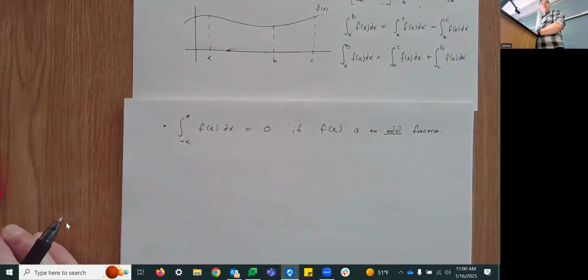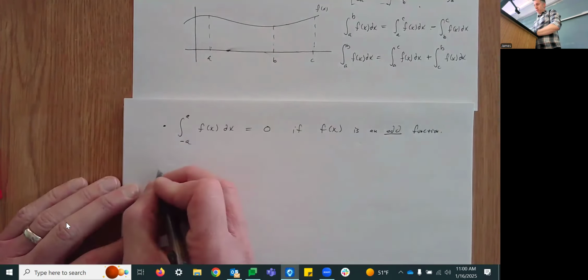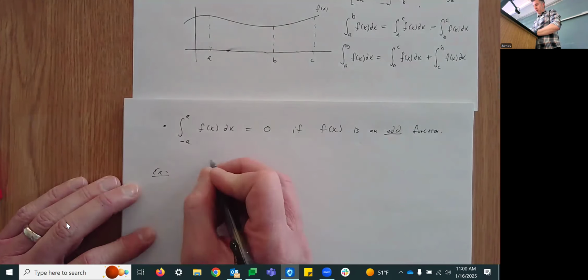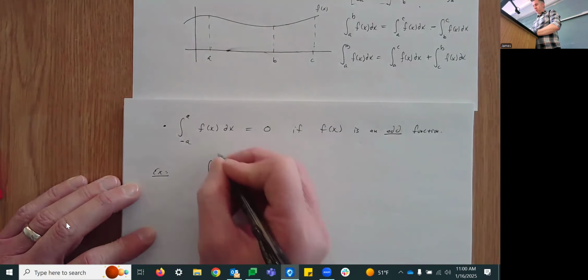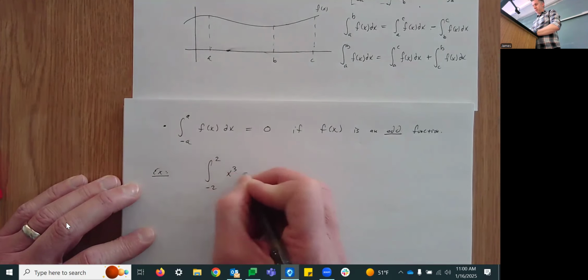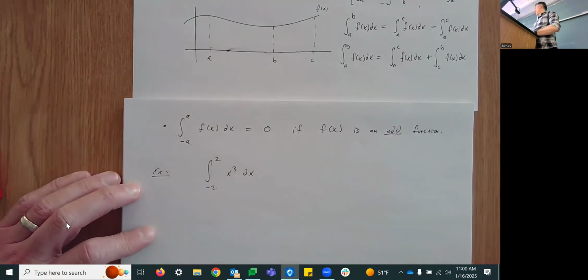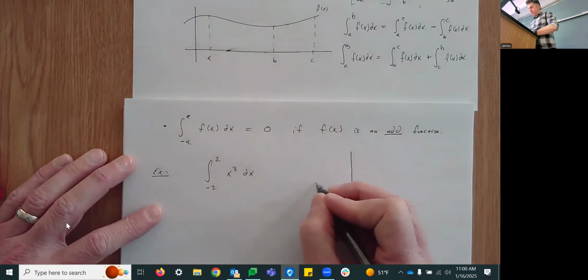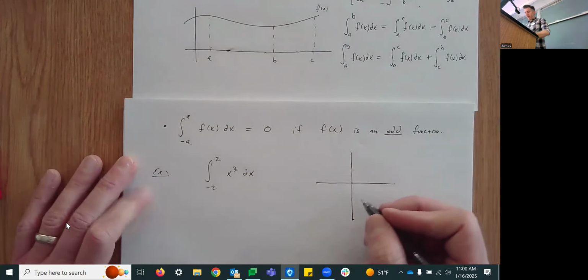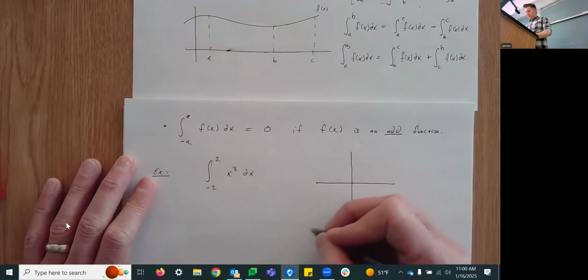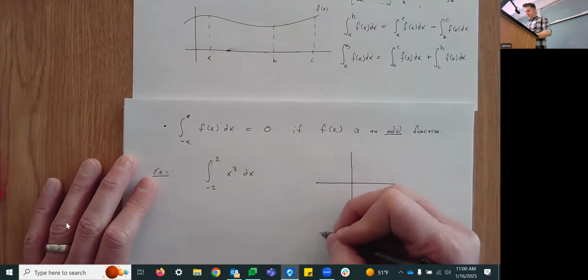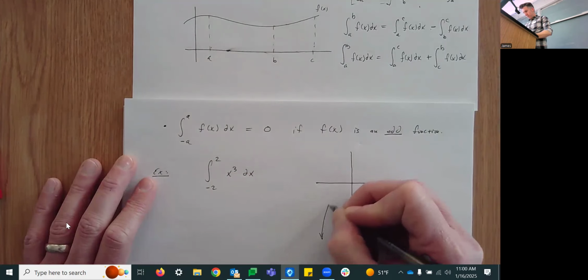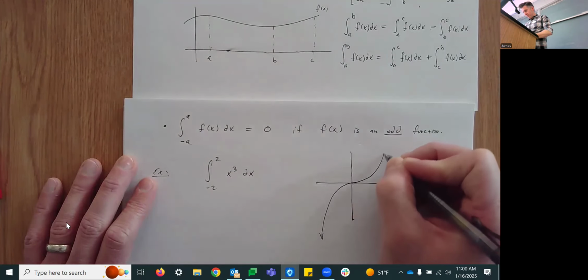So for example, two examples here. The integral from negative 2 to 2 of x cubed. That's probably my favorite example. Actually, it's not my favorite example, because I'm bad at graphing x cubed. If one could graph x cubed, it would look kind of like that.